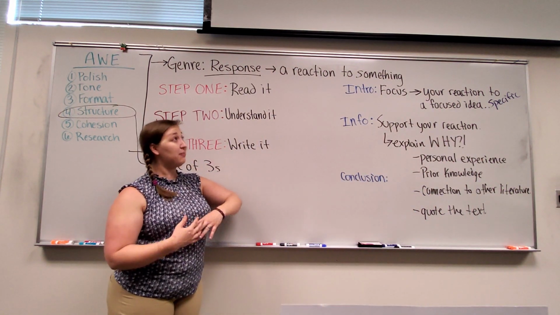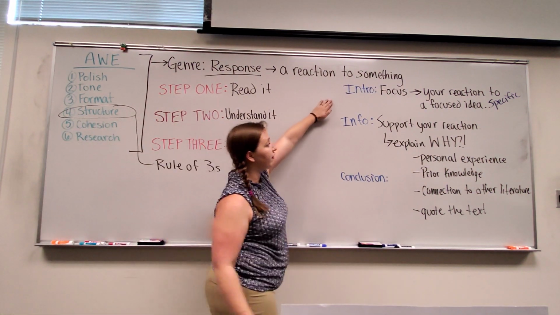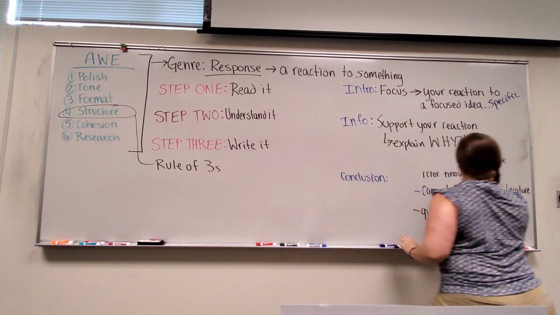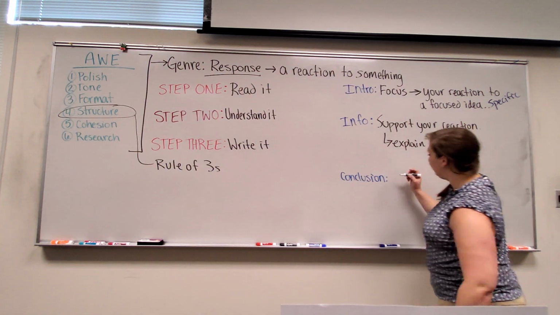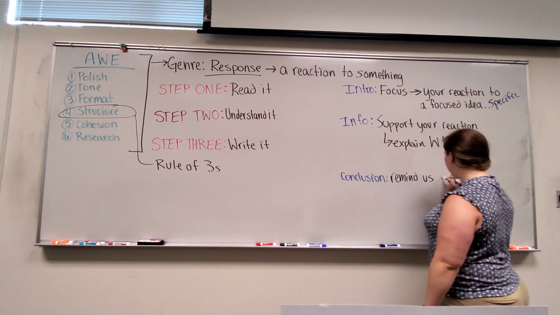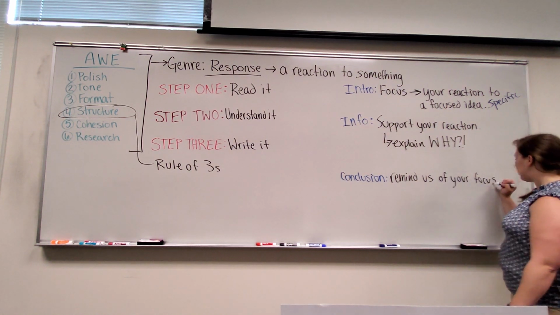So when it comes to writing the rule of 3s, introduce your focus, support your focus with this information, and then, of course, we always need to conclude. Therefore, you're going to remind us of your focus.